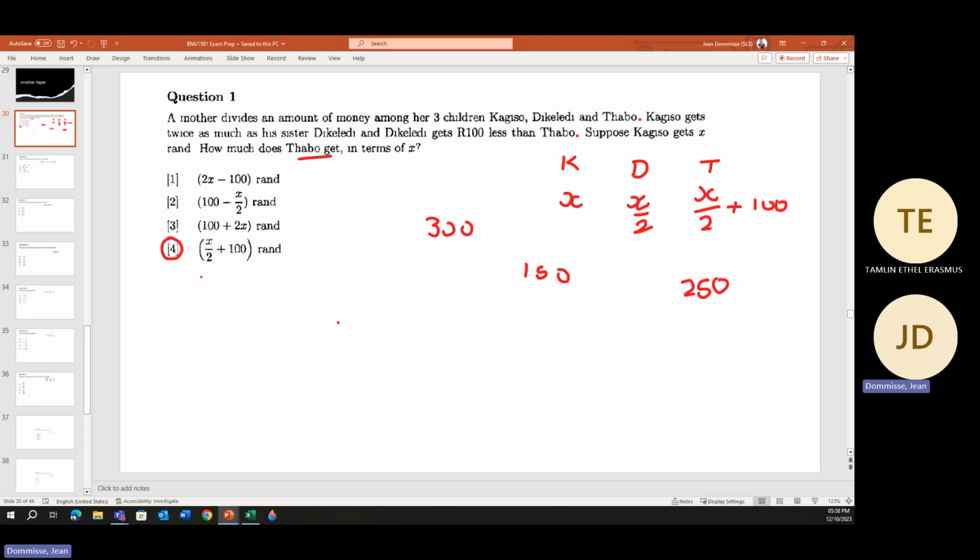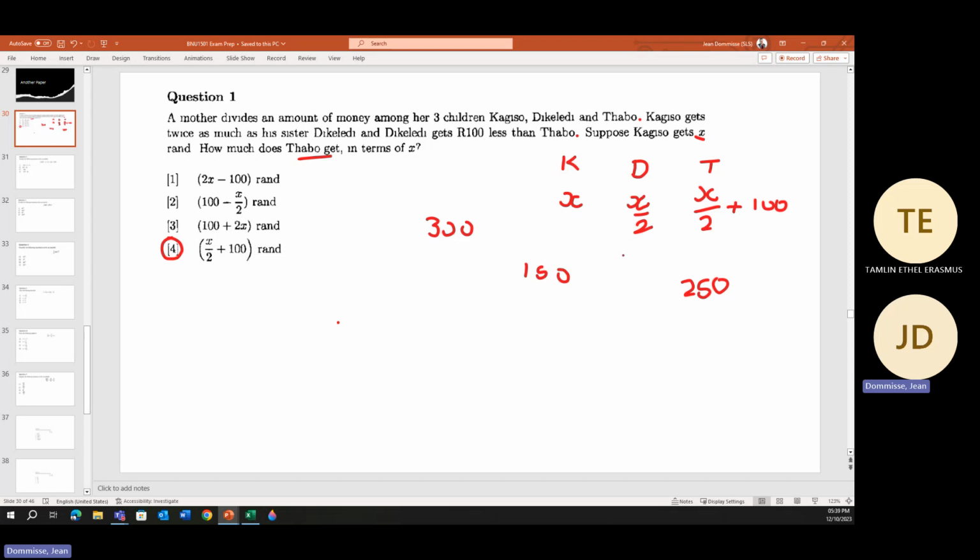Okay, so this one I basically started at the point where they tell us to start: Kagiso with x. From Kagiso with x, we move on to the sister, who's getting half.